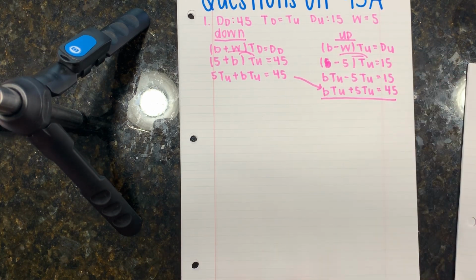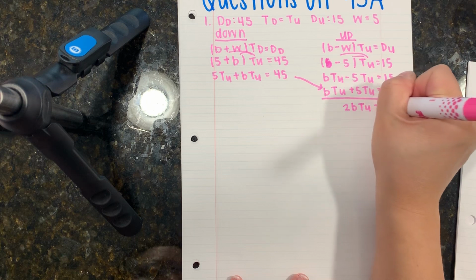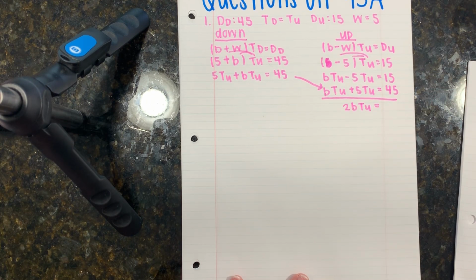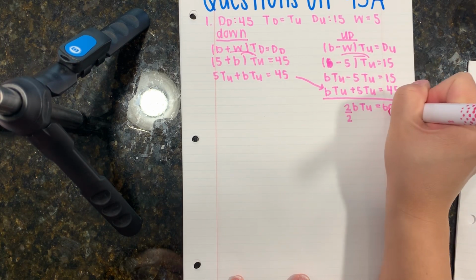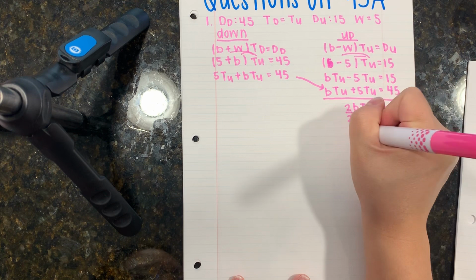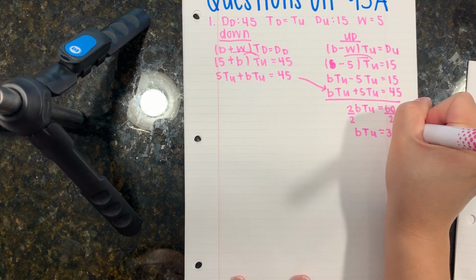When I add these two equations together, the TU is going to cancel, and I'm left with 2BTU is equal to 60. When I divide both sides by 2, I get BTU is equal to 30.